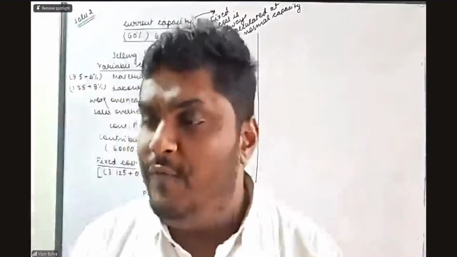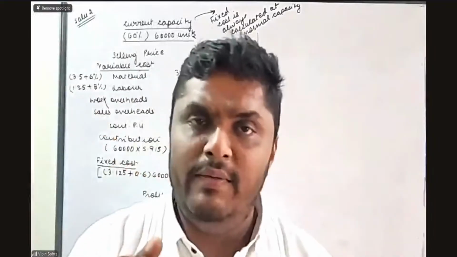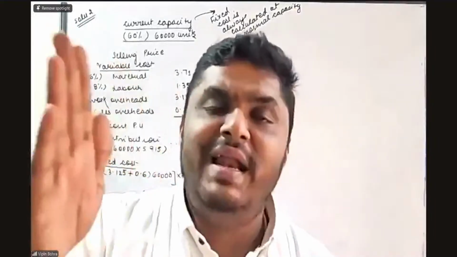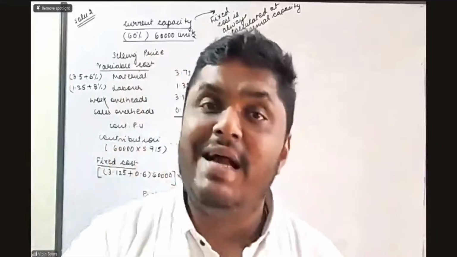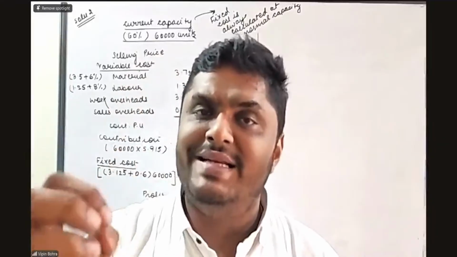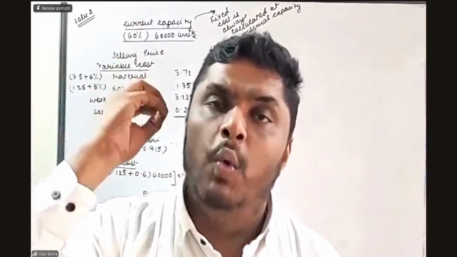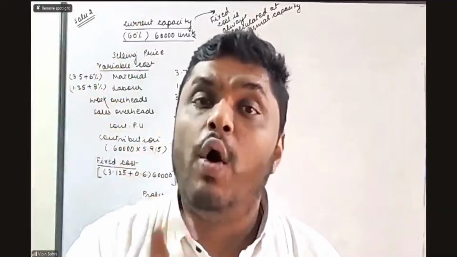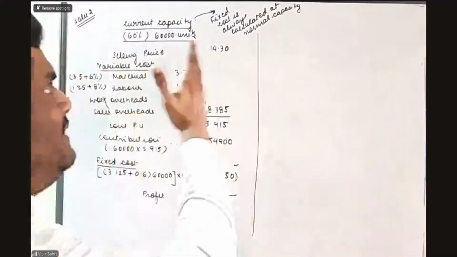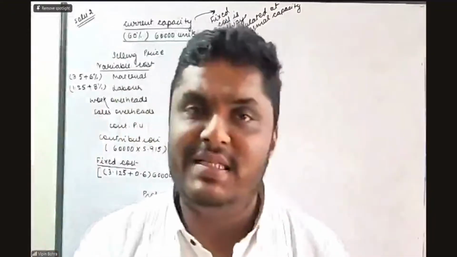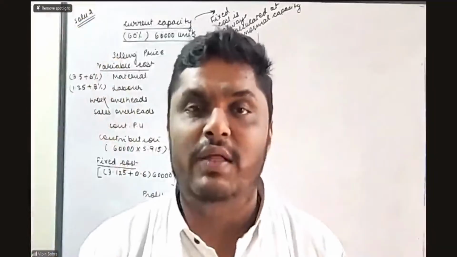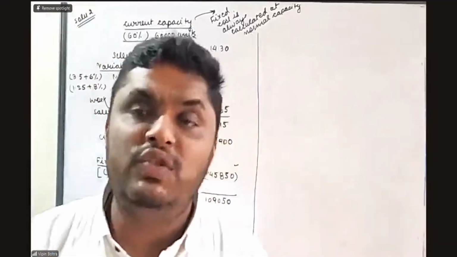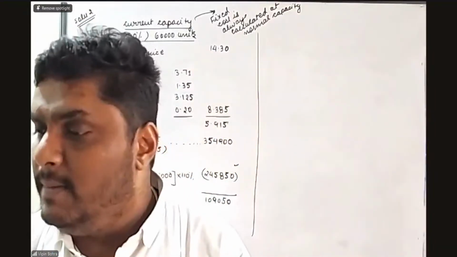Now, a question to all of you guys. I want answers from anyone. If we manufacture additional units, how much is the cost to manufacture the additional units? Let's say I'm manufacturing 1 unit extra, what is the cost of 1 unit after 60,000? Once I cross my 60,000, how much is the additional cost to manufacture a unit?